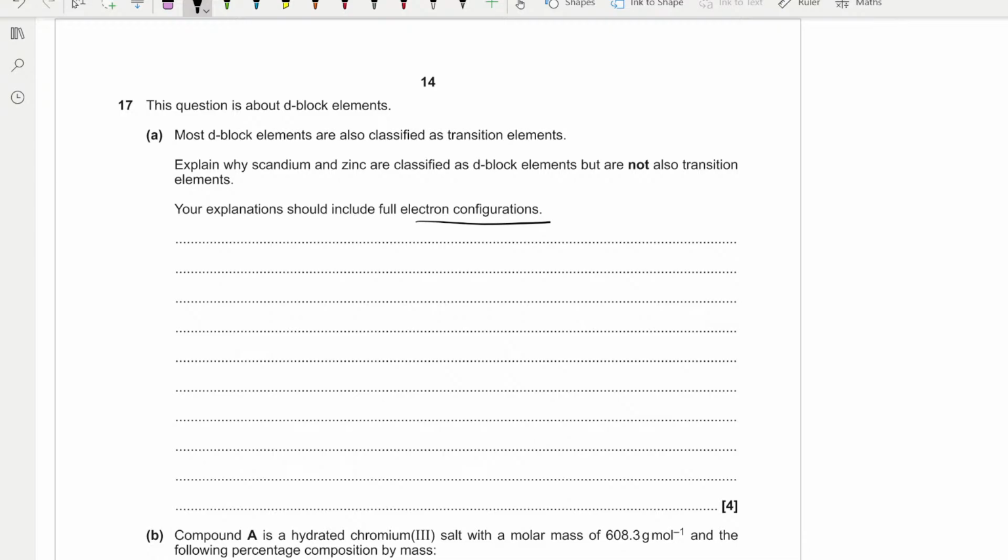So we need to explain why scandium and zinc are not transition elements.